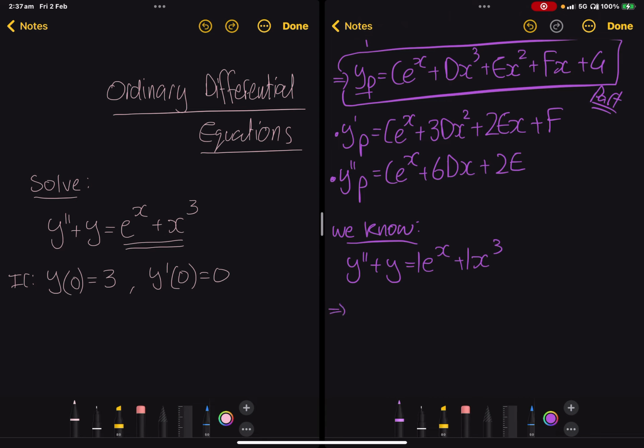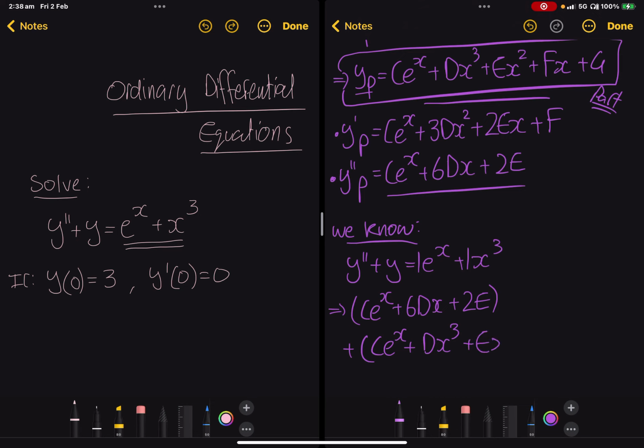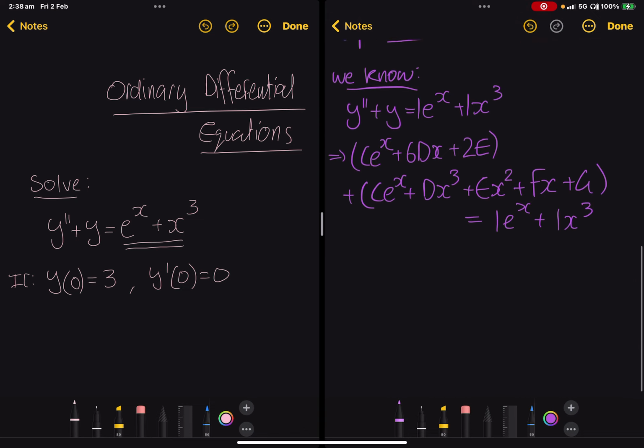So y double prime particular is this, c e to the x plus 6dx plus 2e, plus y, which is this, c e to the x plus dx cubed plus ex squared plus fx plus g, is all equal to 1 e to the x plus 1 x cubed.